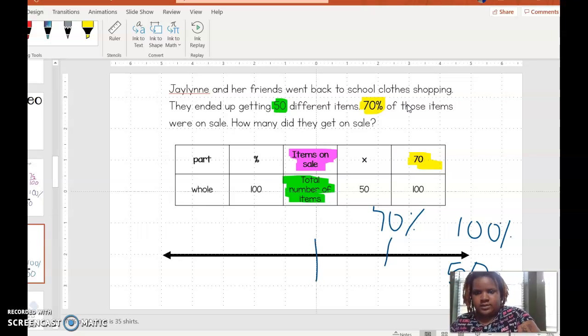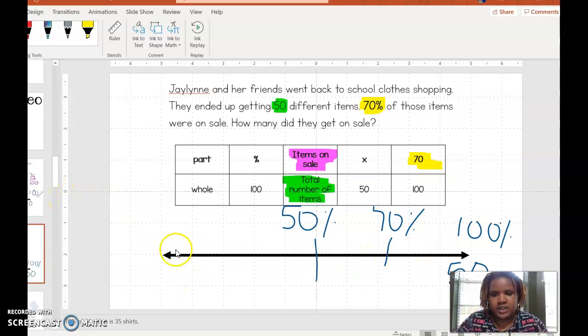So again, I'm going to split this in half, to get to 50%. My next step: if I look at these percents, 50, 70, and 100%, these are benchmark fractions as well, and these are the tenths. So each section is worth 10%.